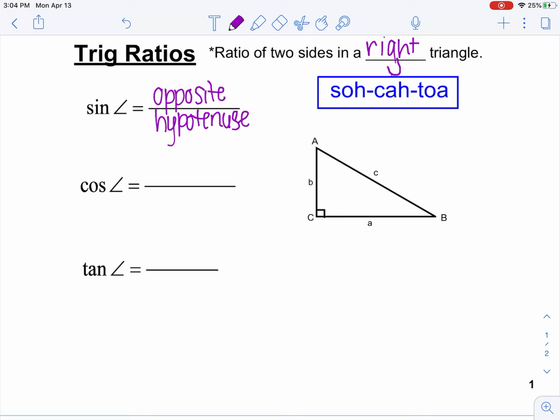Next, we have cosine. So that is the CAH, where the A represents adjacent and H represents hypotenuse. So cosine of whatever angle you are looking for equals the adjacent side, or the side next to your angle, over the hypotenuse.